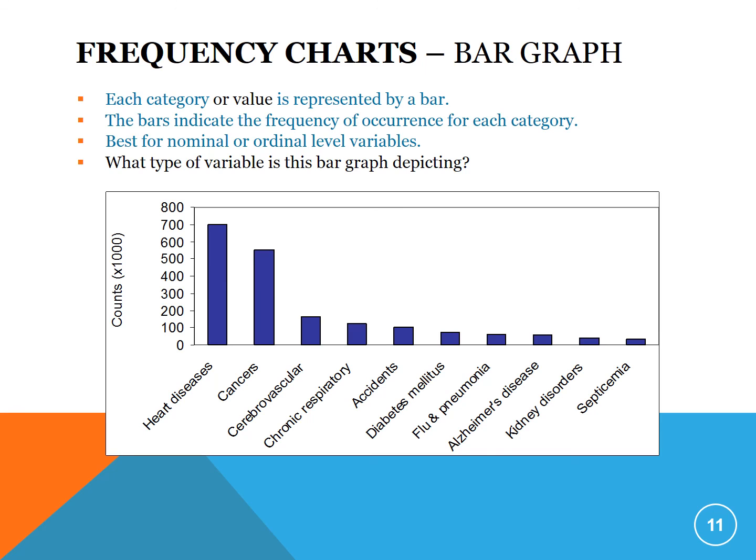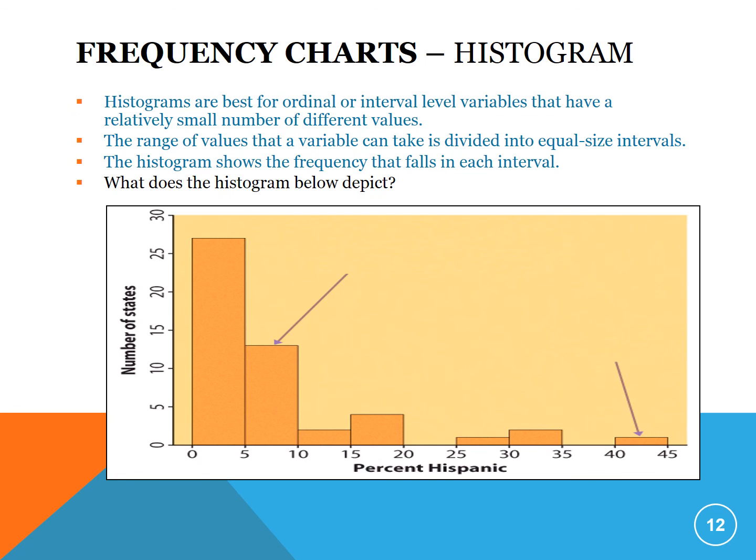All right, so frequency charts. We have a bar graph here, and each category or each value is represented by a bar. So bar graphs, as you can see here, are good for ordinal or nominal variables, okay? Histograms are used also pretty frequently, and they're used for ordinal or interval level variables, particularly the ones that have a relatively small number of different values.